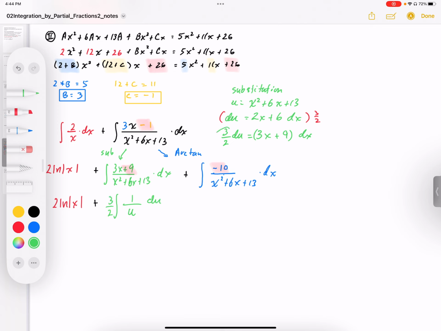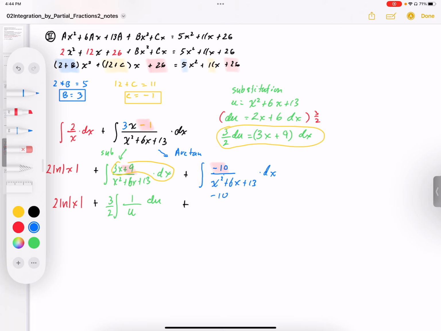So 3 over 2 du is going to replace that 3x plus 9 dx. I'm just going to circle that portion there, which is going to be replaced by this expression here. So that's where my 3 over 2 du comes in, plus this portion here is going to be done with arctan.